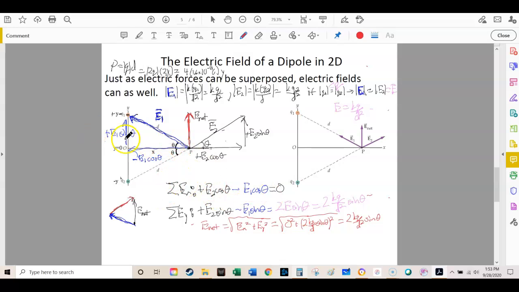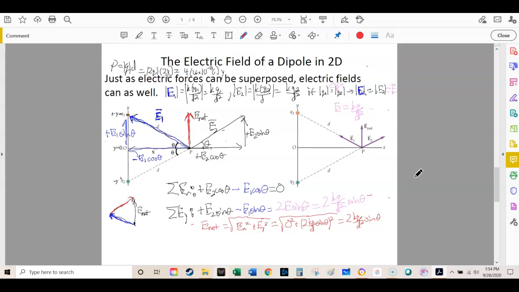And the only way the x direction cancels out in this case is because these two charges happen to have the same magnitude, right? So if they weren't the same magnitude, then KQ1 over D squared would not be equal to KQ2 over D squared. But since they're both equal, and let's set them both equal to Q, then the electric fields are both equal, and now in the y direction you just have 2KQ over D squared. So, pretty cool.